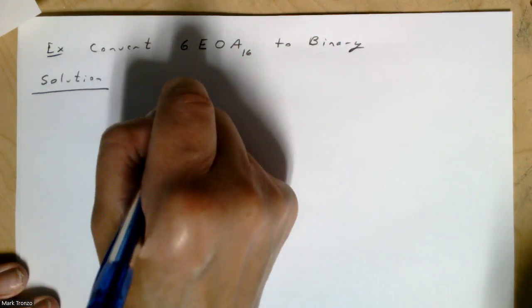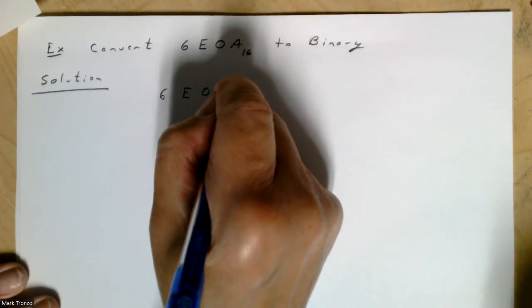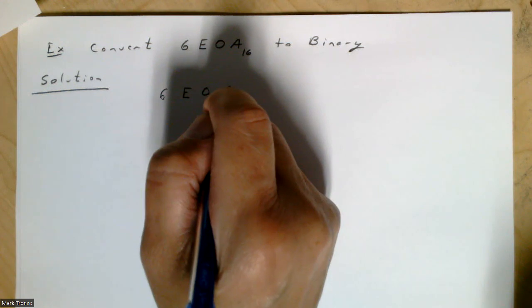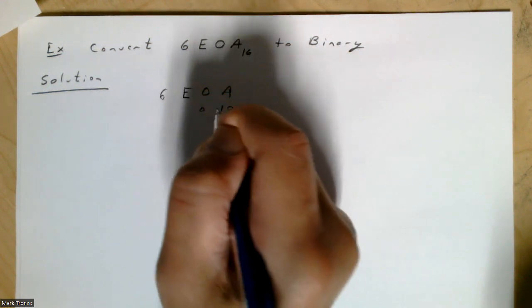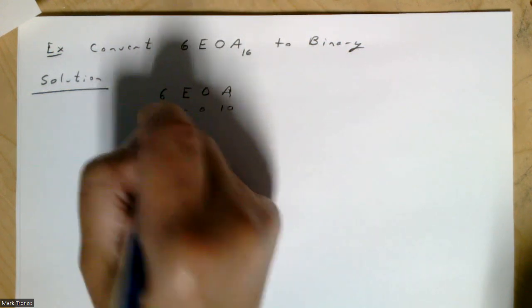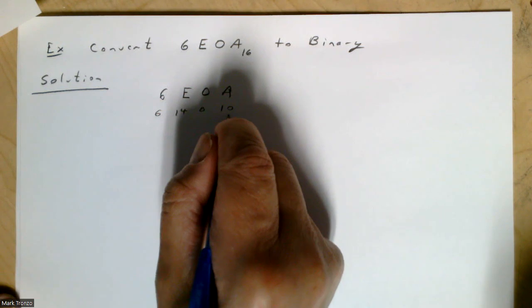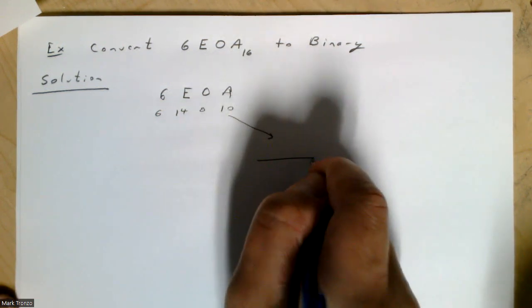Let me just write it down for clarity. Again, remember A is 10. 0 is obviously 0. E was 14. 6 obviously is 6. Then just write each of these out in 4-digit binary.